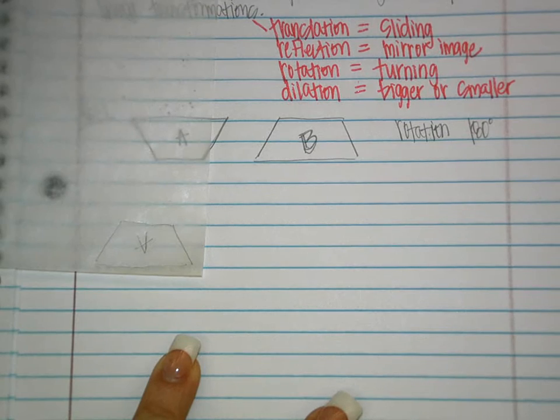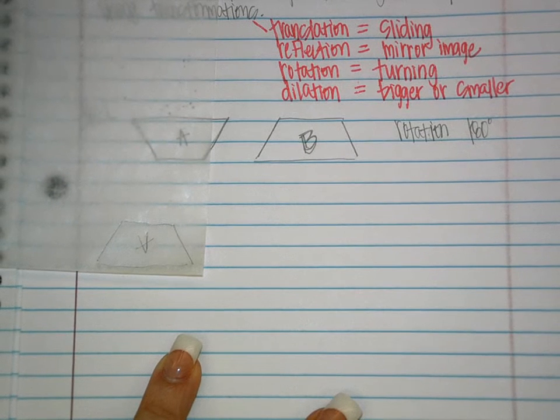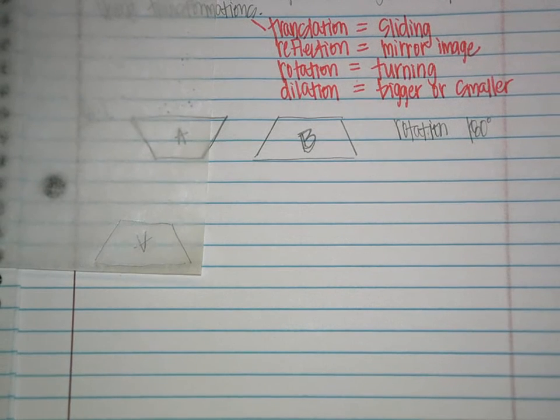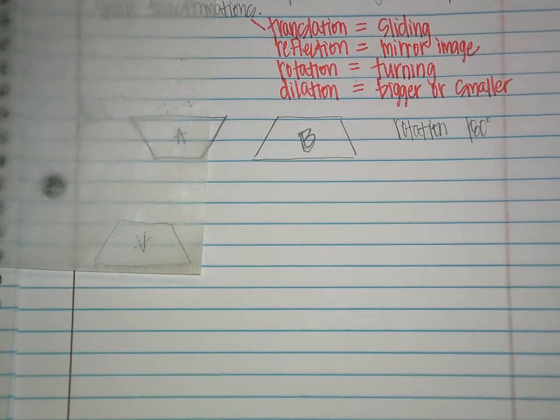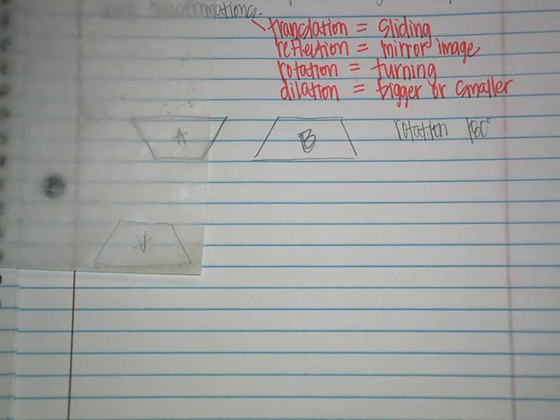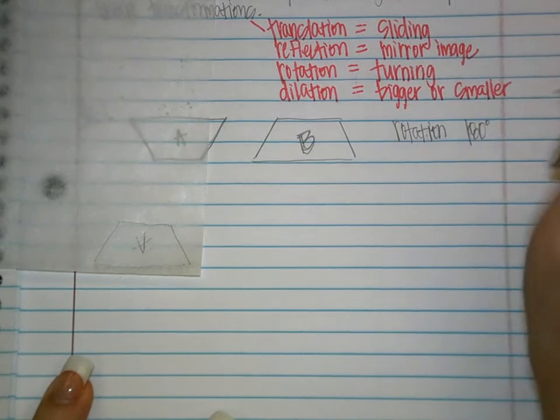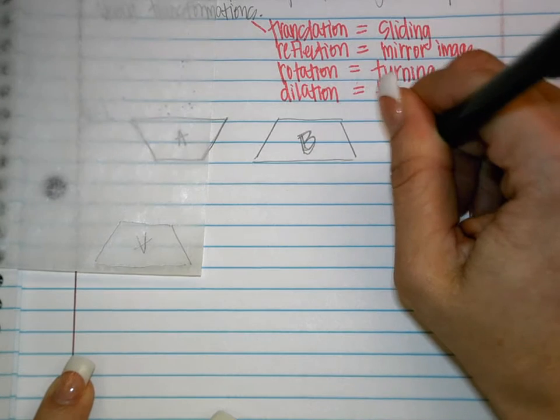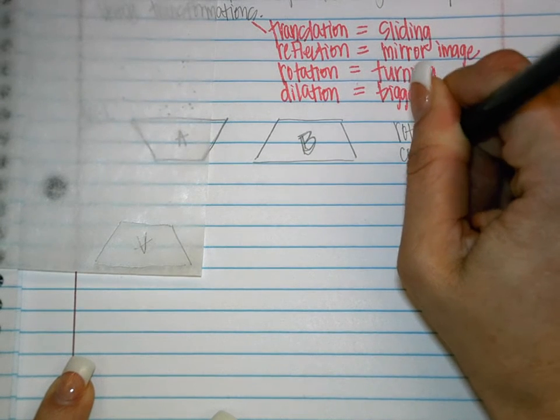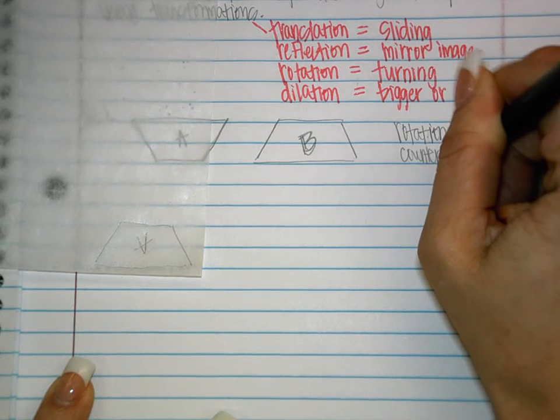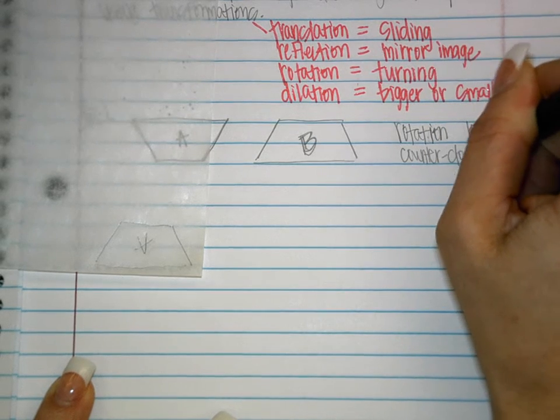Clockwise. Did I move to the left or the right? Like on most of our problems, do they say counterclockwise or clockwise? They say counter. Okay, so we're going to say rotation 180 degrees counterclockwise.